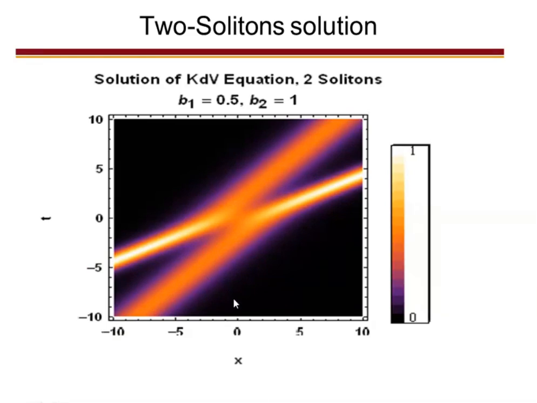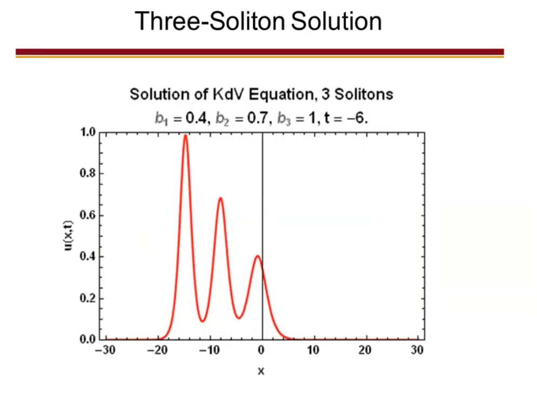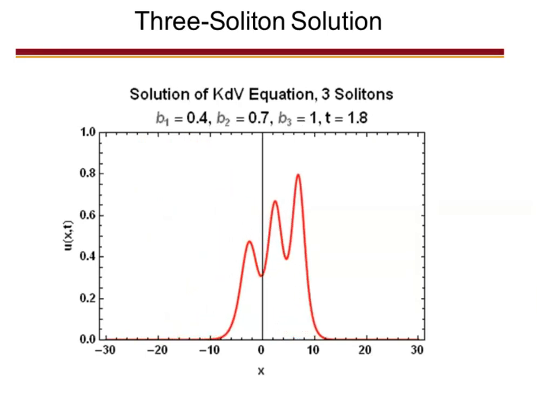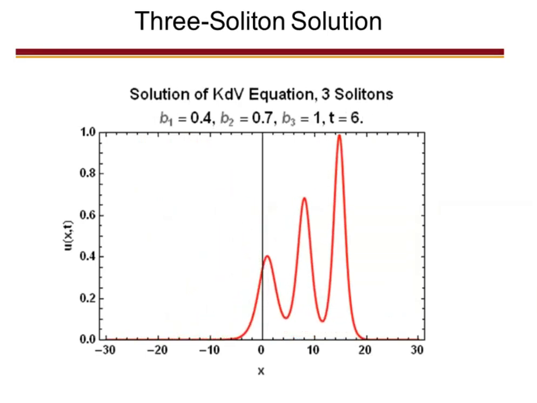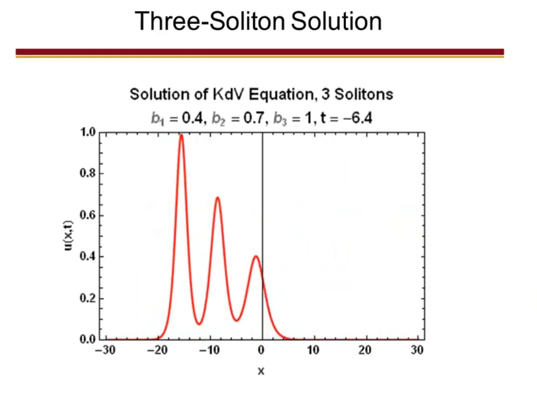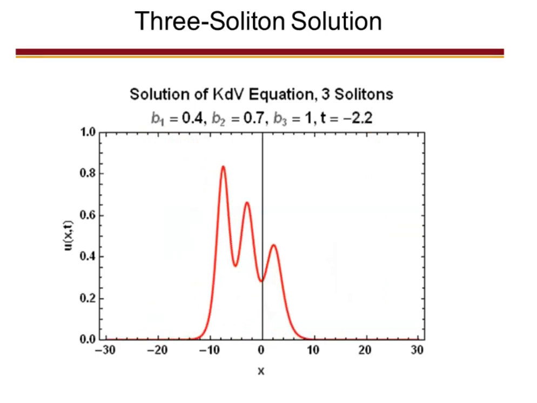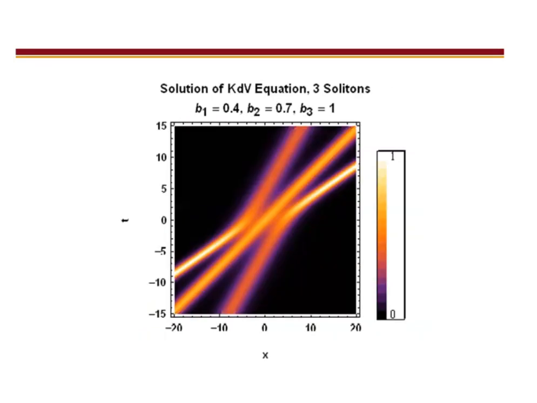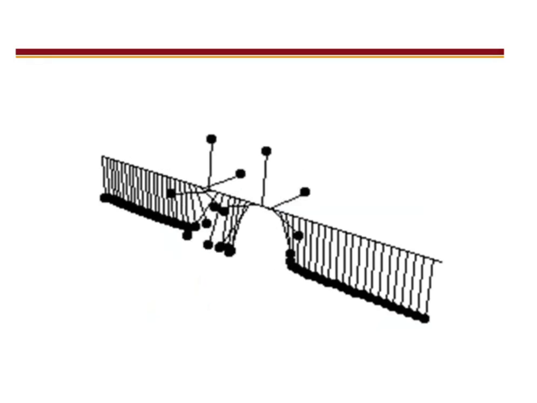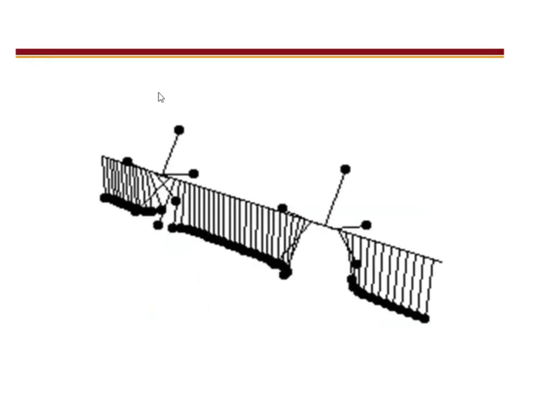Now this is the three solitons. They are interacting and they are separating from each other. So in the same KdV equation, we have a three soliton solution. Like this is one: you can say there is a thread, and these are the pins.